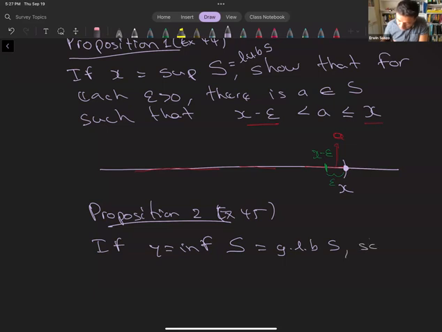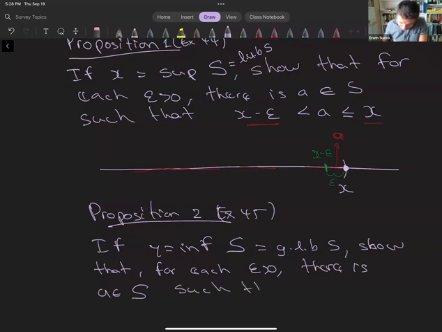Show that for each epsilon bigger than 0, there is A belongs to S such that y is less or equal than A and A is less than y plus epsilon. Same thing here, no?